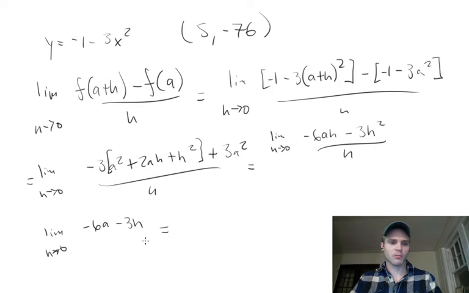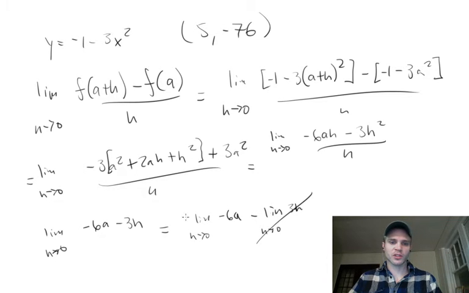And so this is the limit as h approaches 0 of -6a minus the limit as h approaches 0 of 3h. This goes to 0.